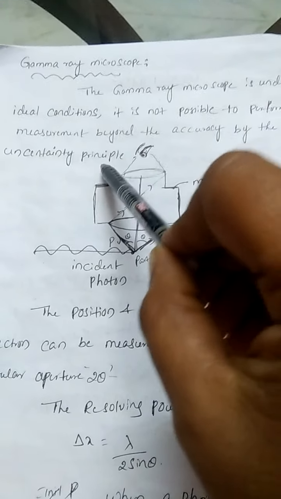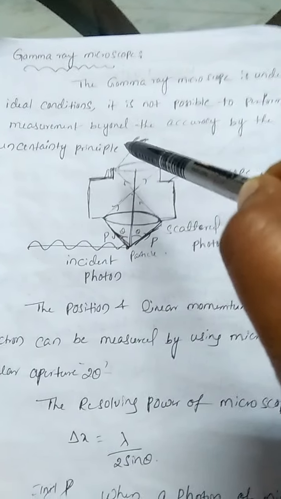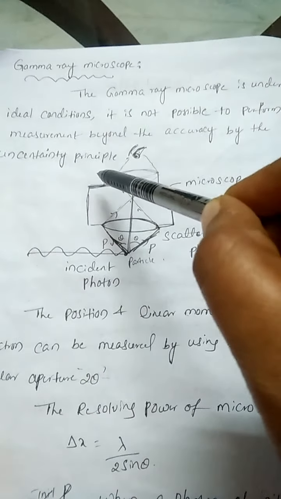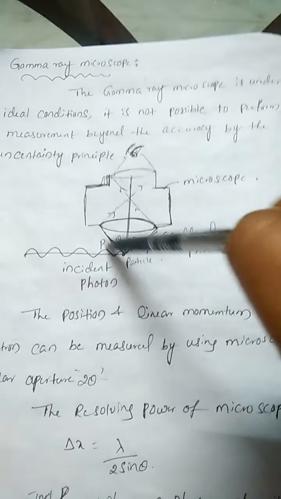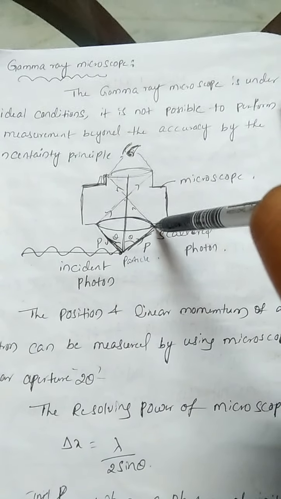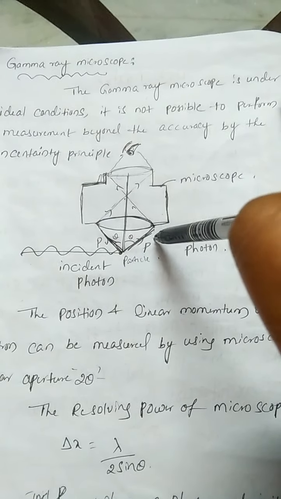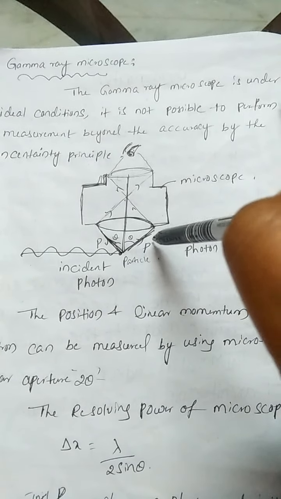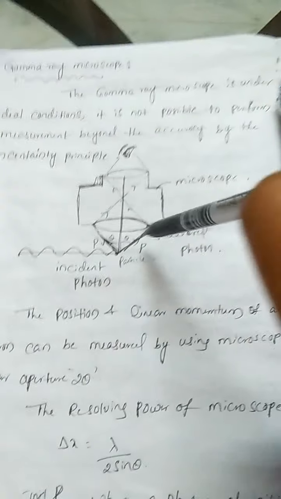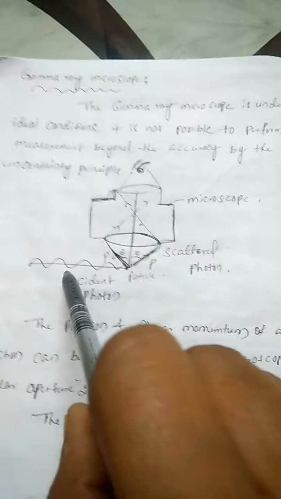It tells us that we cannot measure exact values simultaneously. So this gamma ray microscope also cannot give accurate values simultaneously, even under these conditions. Now let us discuss how it works.